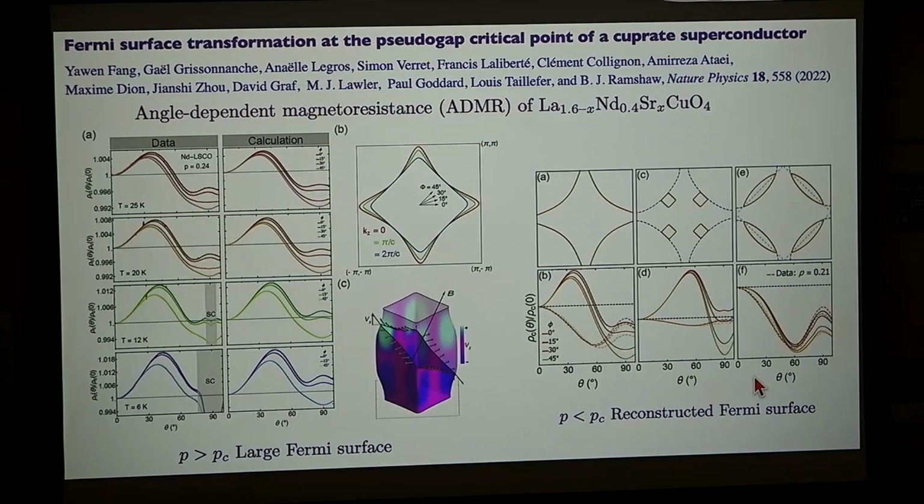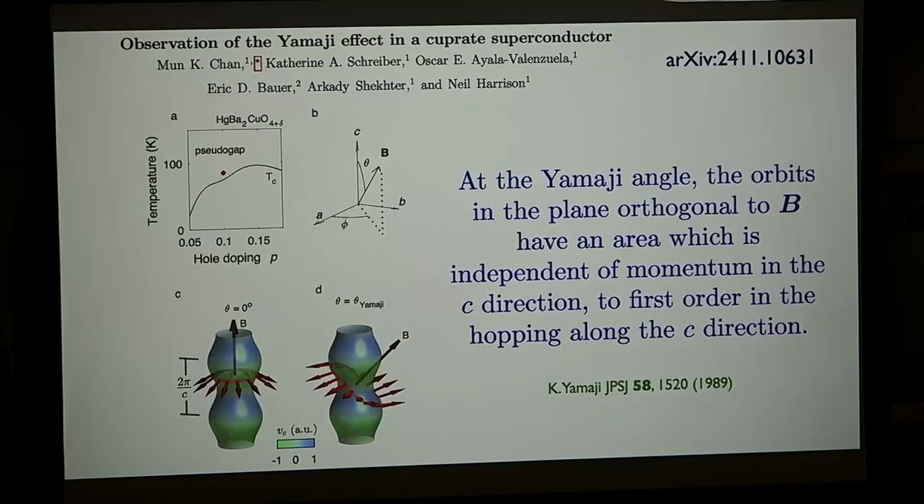Okay, and this is only 3 years ago, so the field continues to evolve. All right, so then last year, there's this amazing experiment called the Yamaji effect. I'd never heard of the Yamaji effect, but now I know a little bit about it. It's basically the same experiment where you tilt the magnetic field and you measure the magnetotransport.